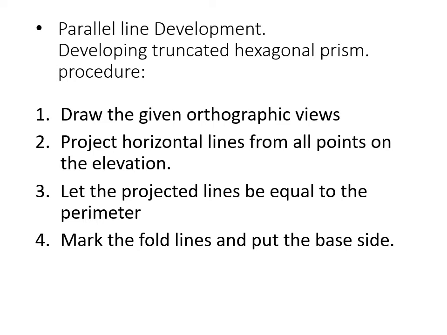Be able to develop this object. 1, draw the given orthographic views. 2, project horizontal lines from all the points on the elevation. 3, let the projected lines be equal to the perimeter. 4, mark the fold lines and put the base side.